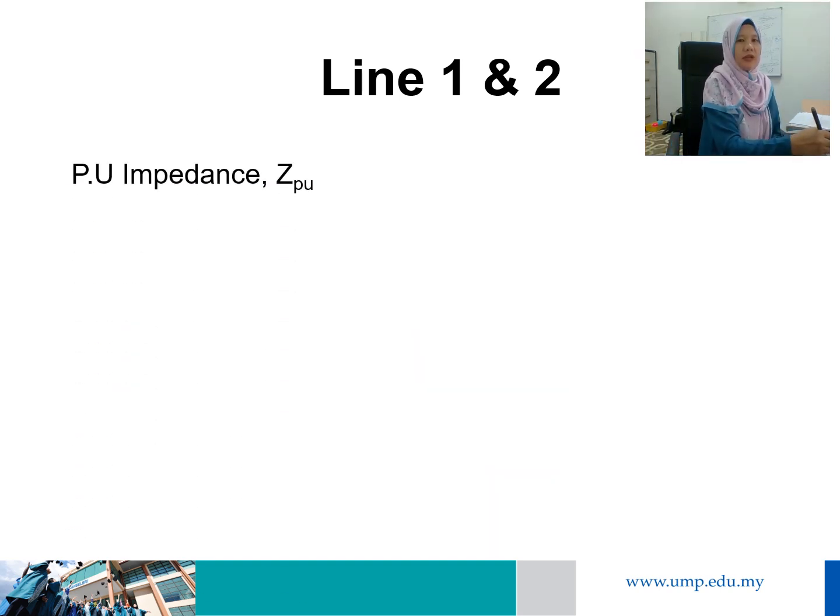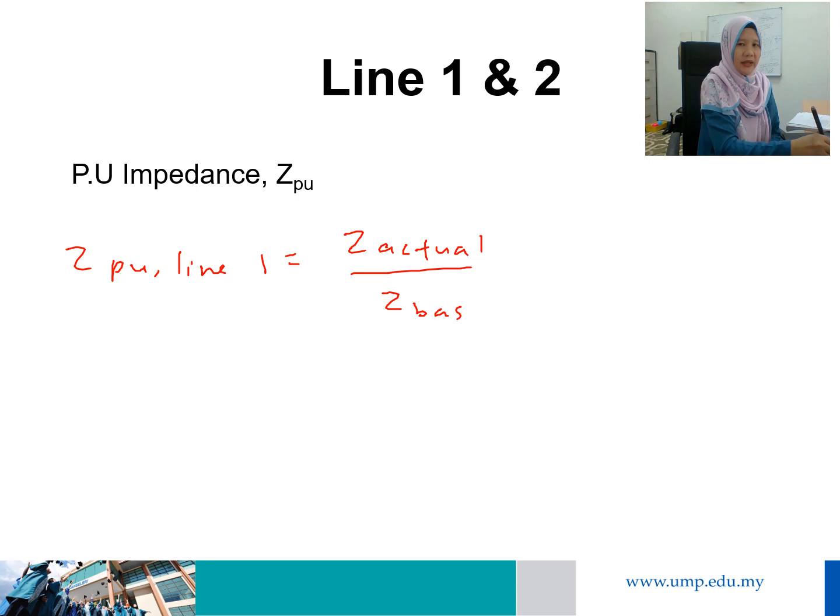The per unit impedance of transmission line 1, ZPU for line 1, is equal to Z actual divided by Z base. So the actual impedance is equal to j48.4 ohm.